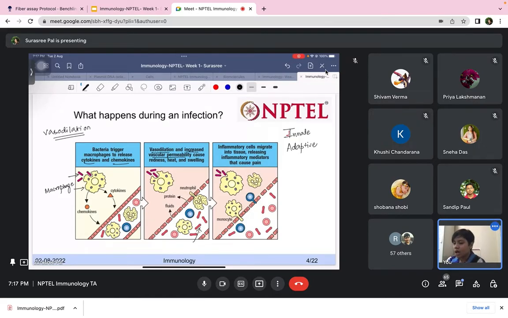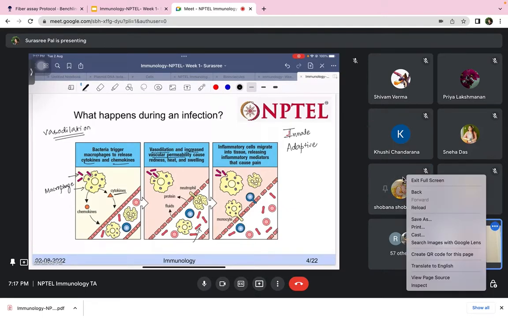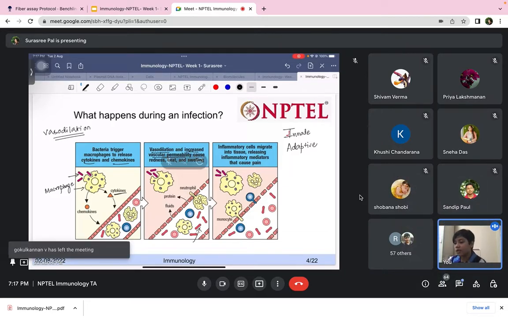Due to the action of this particular type of cytokines, the endothelial cells which line the blood vessels are dilated, in the sense that the gap between these endothelial cells increases. As you can see here, from here there is almost no gap, but here the gaps between these endothelial cells increase, right? And because of this, the permeability of the blood vessels increases, right?